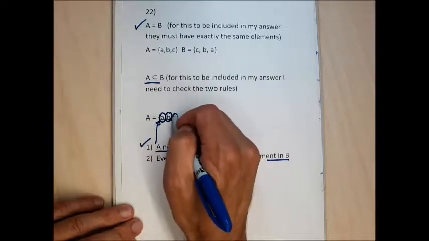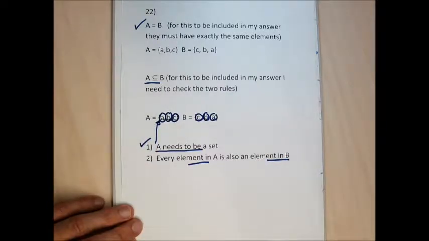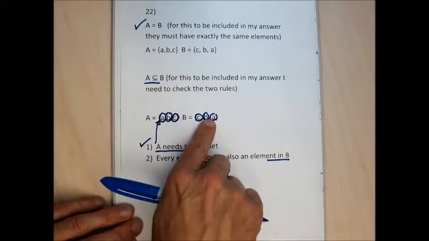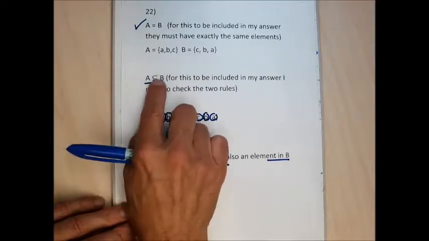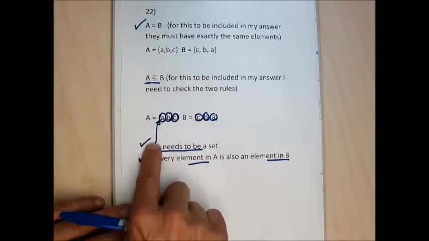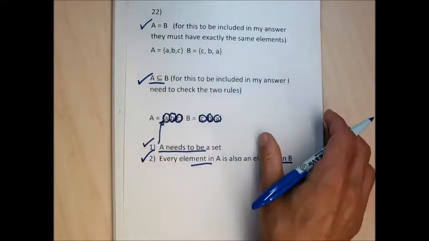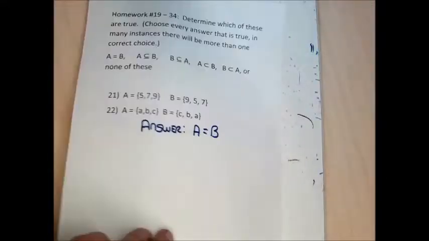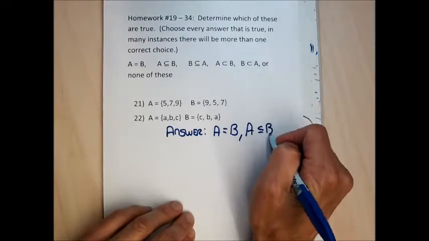And the last element in A, C, is also in set B, so we're good there. The three elements in A are also in set B, so it satisfies that rule. This symbol allows the sets to be equal. Because both rules here have been satisfied, that's going to be part of my answer as well. So the second symbol I'm going to put in my answer is A is a subset of B.